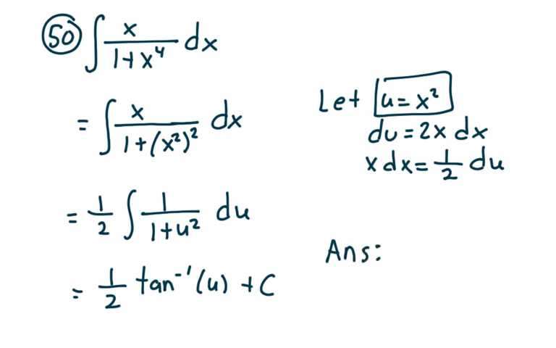So the correct answer here to problem 50 is 1/2 arctangent of x squared plus c. That's 50. Interestingly here, let's take a look at 54.